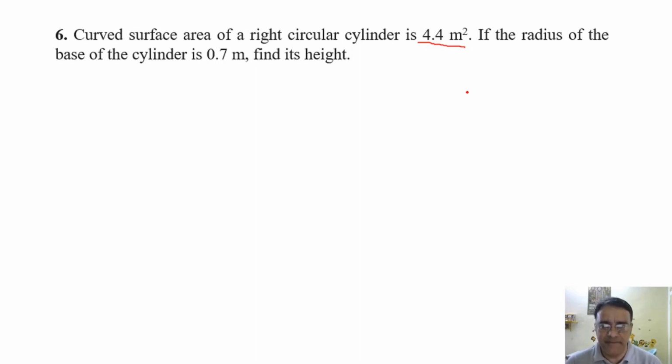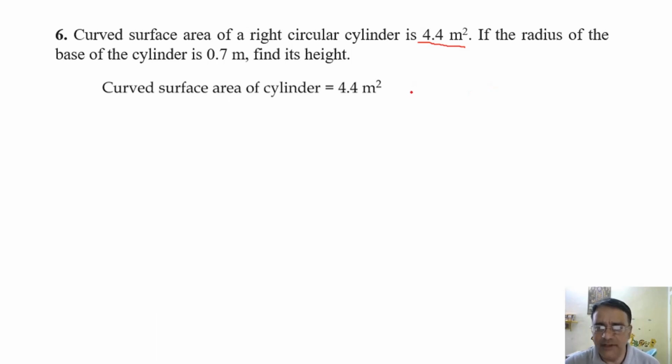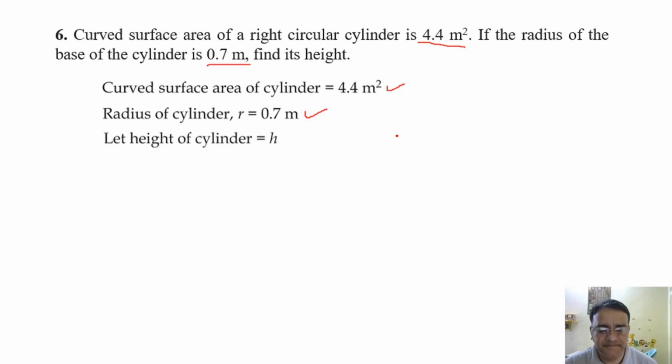There are only two parameters, r and h. And r is given, we need to find h, and CSA is given. Right, we'll start with the curved surface area that is given 4.4 meter square. And what is the radius given? 0.7 meter. And let the height of the cylinder be h.